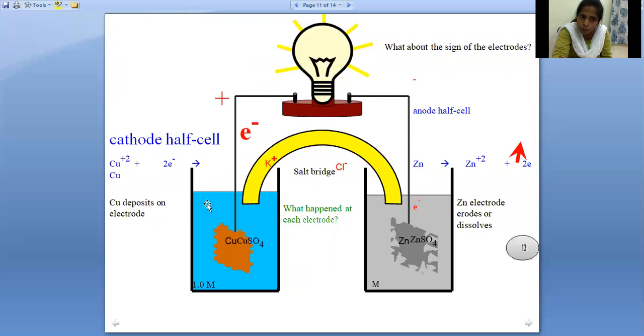But here the Cu2+ ions in the electrolyte: if there is a charge, that is the electrolyte; if there is no charge, that is the electrode or the metal. So now the Cu2+ ions in the electrolyte gain the 2 electrons to produce Cu. Yes. So that is the electrochemical cell, or the galvanic cell, or the voltaic cell. Yes, so this is the diagram of the galvanic cell.